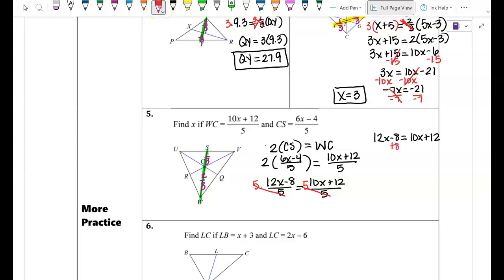So I'm going to add 8 to both sides. So 12x equals 10x plus 20. Subtract 10x from both sides.